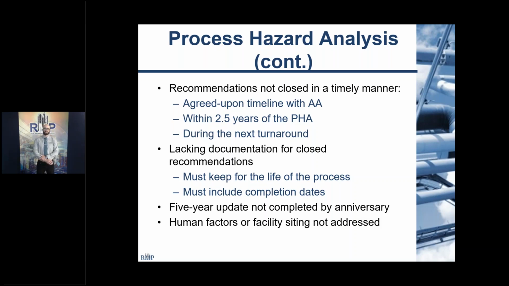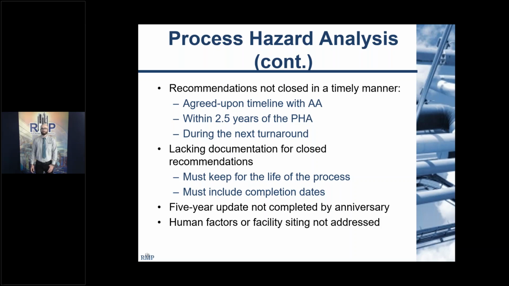Furthermore, for your PHA, it's important that your recommendations are closed in a timely manner. You typically want to close your PHA recommendations within 2.5 years or before, or during the next turnaround. The sooner the better.